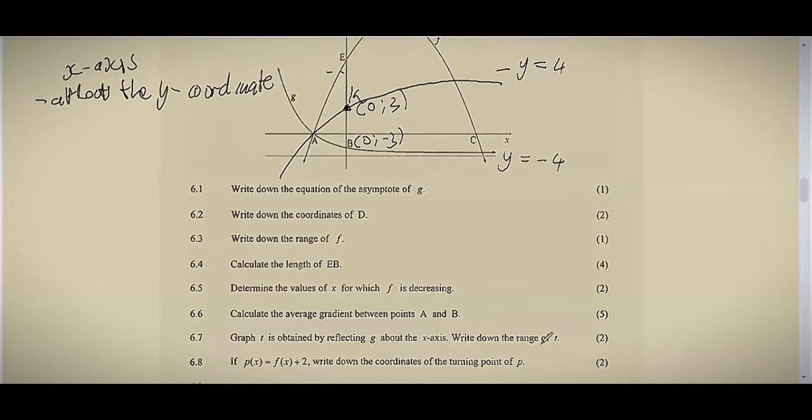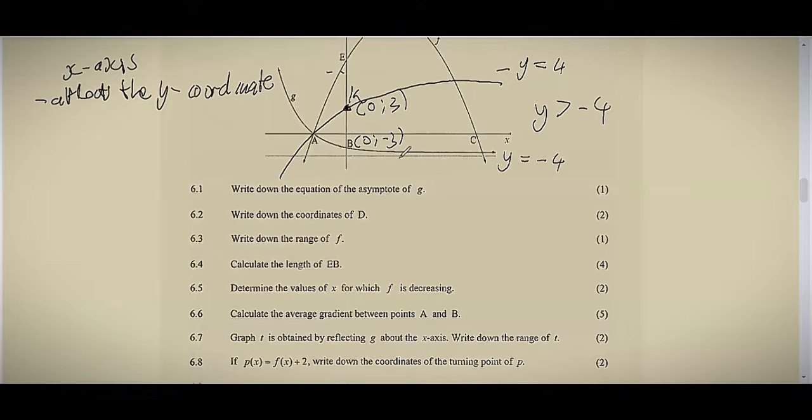So hence they're saying here, now write down the range of T. So how do we write the range of T? Remember, we have to consider what was the range of G first. The range of G would be y greater than negative 4. This simply means that the graph of G would start to exist for all the y values that are above the asymptote, because you will never find this graph below this asymptote.